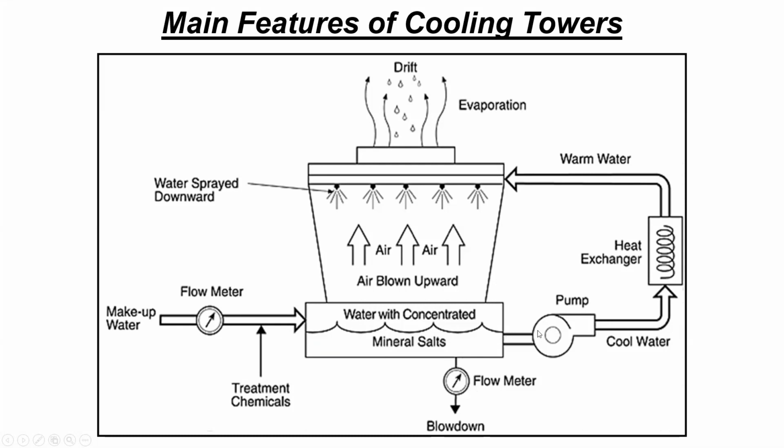There's a pump circulating the cooling tower water through the condenser, capturing the heat from the condenser of the chiller and bringing the warm water to the top of the tower, and gravity pulls the water down while air, in this case probably an induced draft cooling tower, is pulled upward. Fill materials inside let the water and air contact directly, and then evaporation happens.